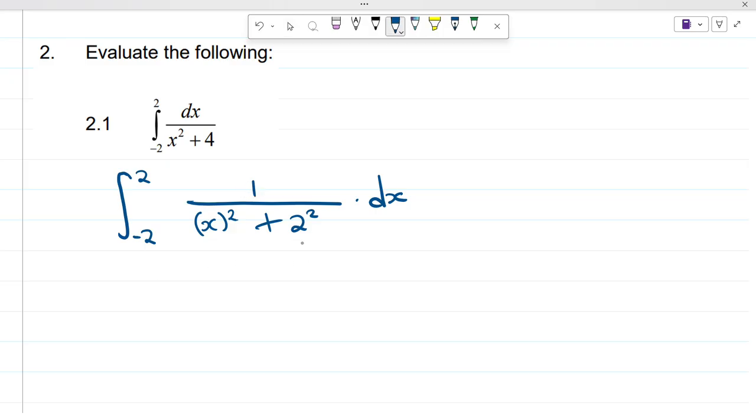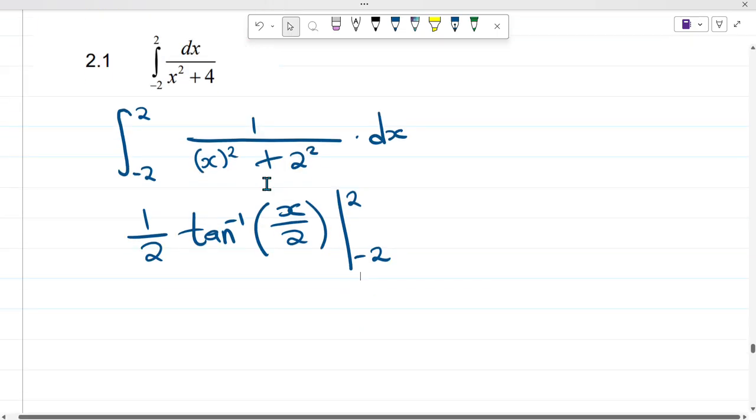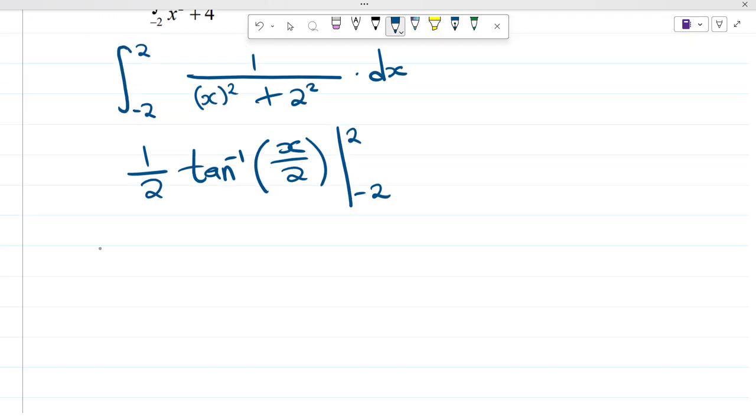Also, because my a here is equivalent to 2, I know that whatever I'm dealing with is that formula of 1 over a, my a being 2, tan inverse of x over 2, and then I put my limits, the limits being 2 and minus 2, and then from there you just substitute.